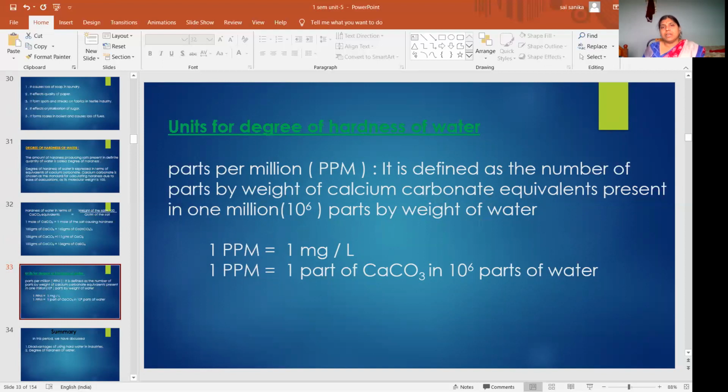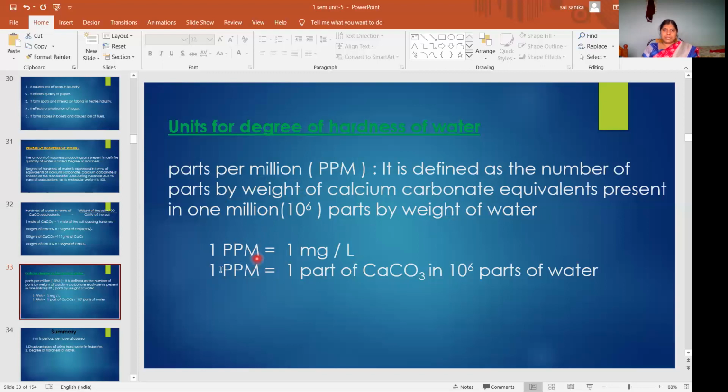That means in 1 million parts of water, how much hardness producing salts are present, that is nothing but parts per million. So 1 ppm is equal to 1 mg per liter.